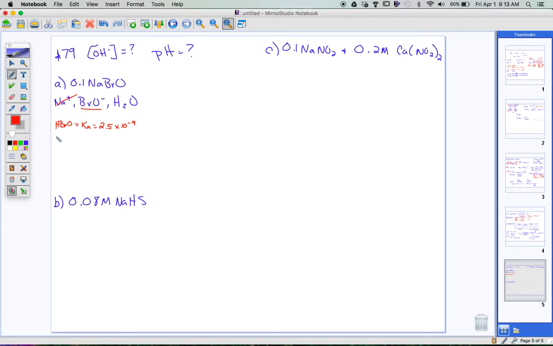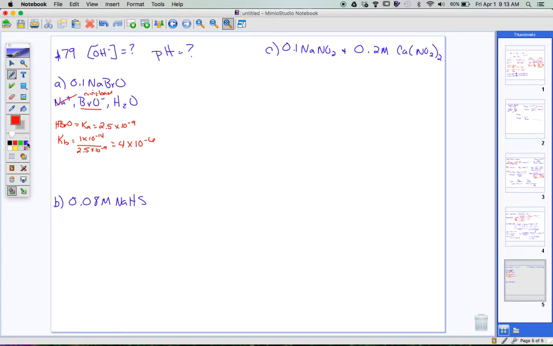And so we have to find Kb because this is functioning as its conjugate base. So Kb is going to be 1 times 10 to the minus 14th over 2.5 times 10 to the minus 9th, which will come out to be 4 times 10 to the negative 6th.